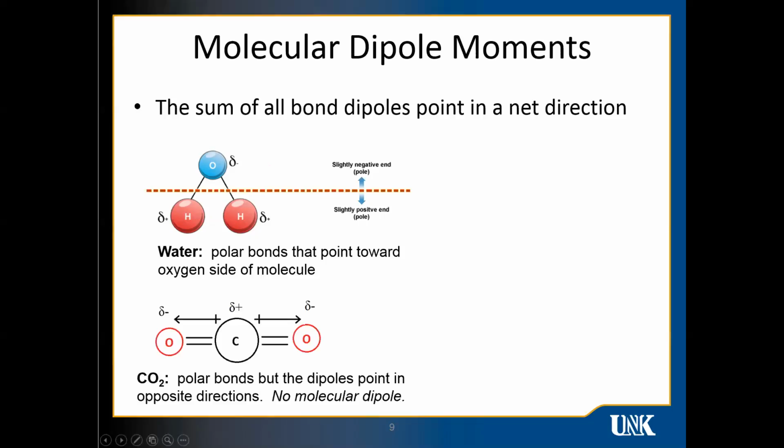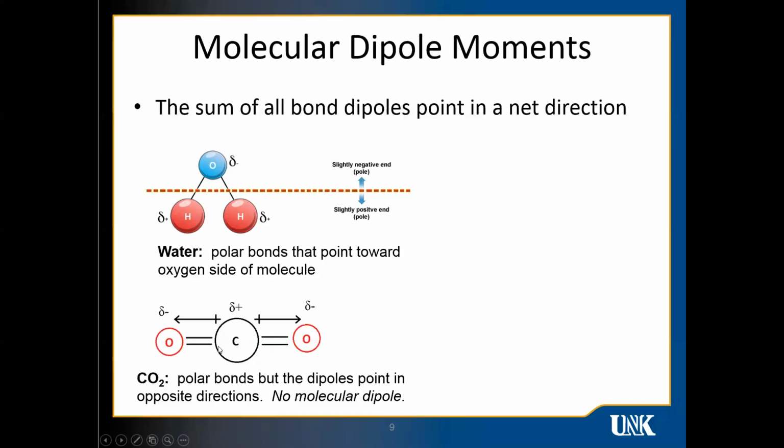Now, we can have situations where a molecule has polar bonds, but the molecule as a whole is nonpolar. And carbon dioxide is a great example of that. It has two bonds, both of them are CO, and if you look at the electronegativities, oxygen's 3.5 and carbon is 2.1. That's a large enough difference to make these bonds polar.